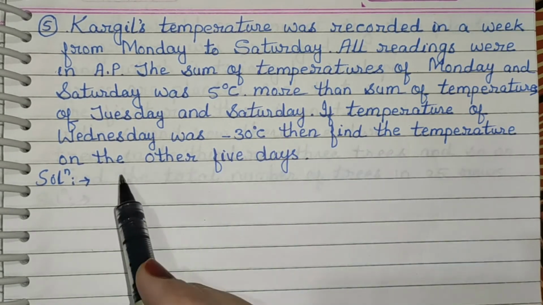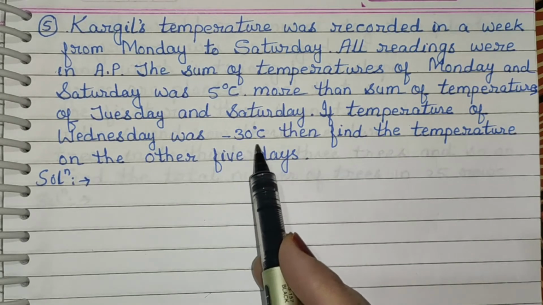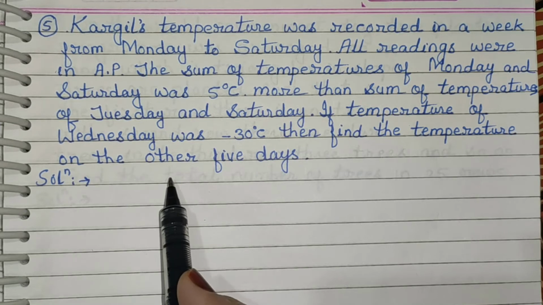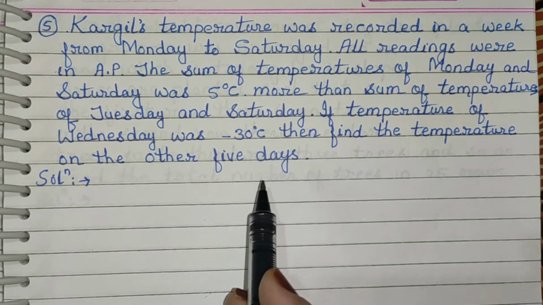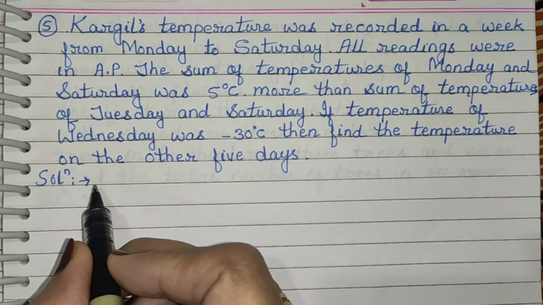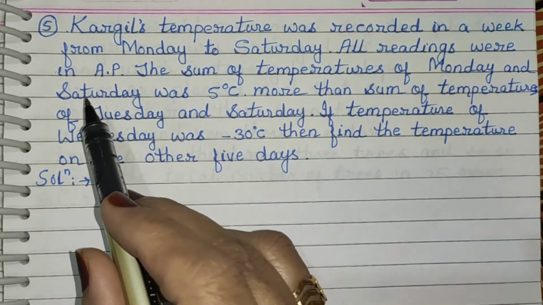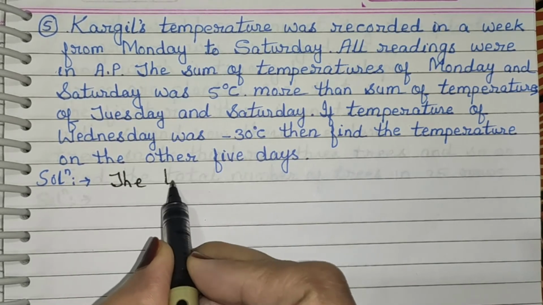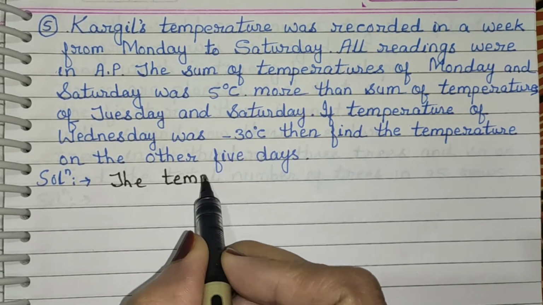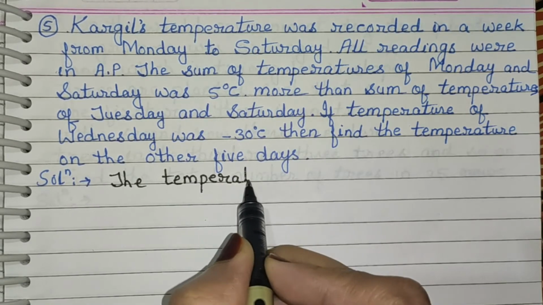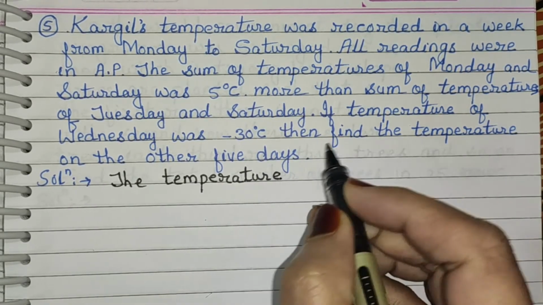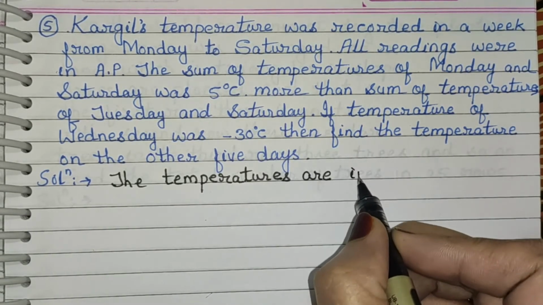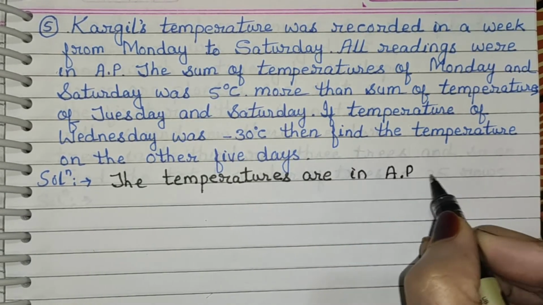If temperature of Wednesday was minus 30 degrees centigrade, then find the temperature on the other 5 days. Now here all readings were in an AP, means the temperatures are in AP. It is given.